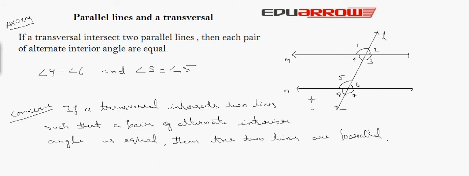For example, in the figure, we have two lines M and N, and a line L intersects them such that the alternate angles 4 and 6 are equal, then the lines M and N are parallel.